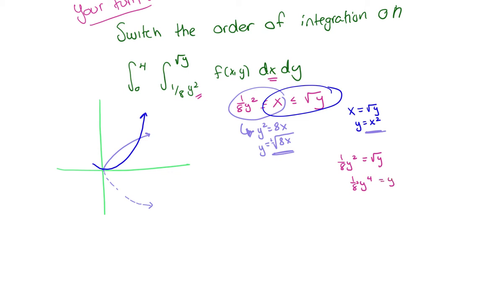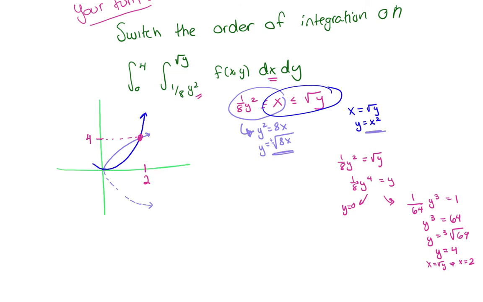And then either y equals 0, or we can divide by y to get 1 over 64 y cubed equals 1, or y cubed equals 64. So y is going to be the cube root of 64, which is 4. So I get y is 4, plug that back in, x was equal to square root of y, so that means x equals 2. So this intersection point here occurs where x is 2 and y is 4.